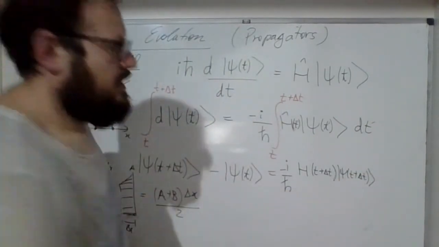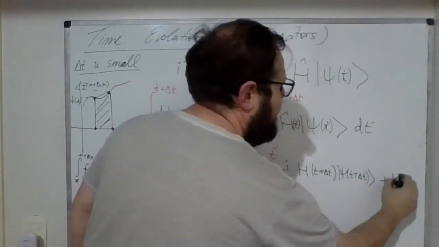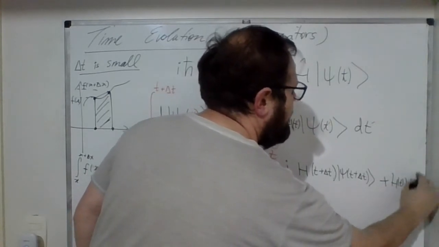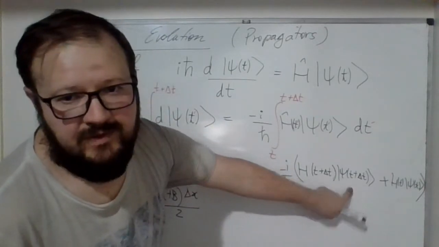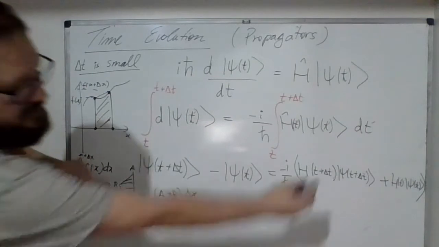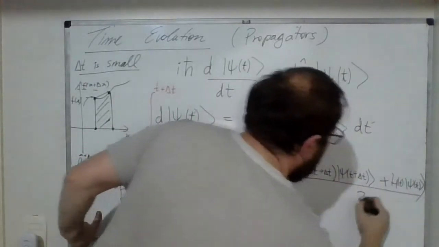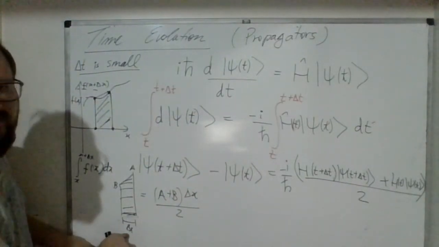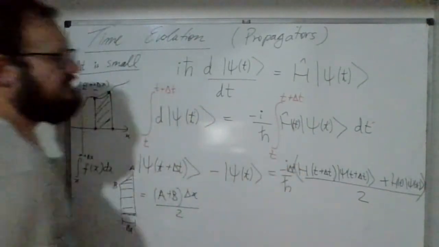Okay, plus the Hamiltonian at time t, the function of time at time t, right? And this thing here is the function evaluated at here, and the other is the function evaluated at here. We need to divide it by 2, and we need to multiply by the interval, which is just delta t. All right, so delta t.